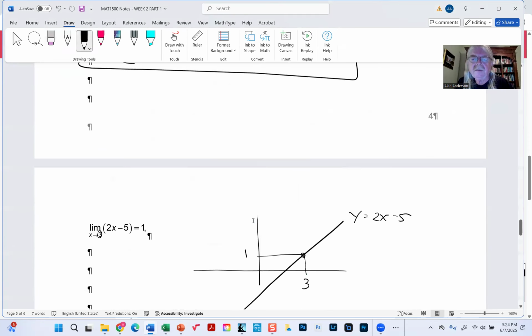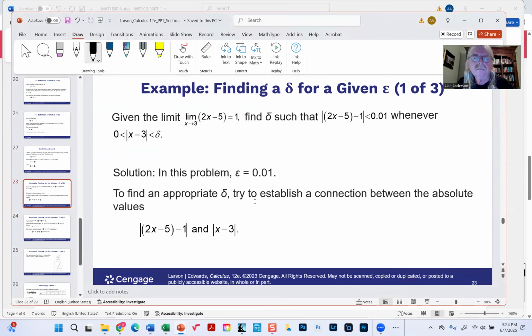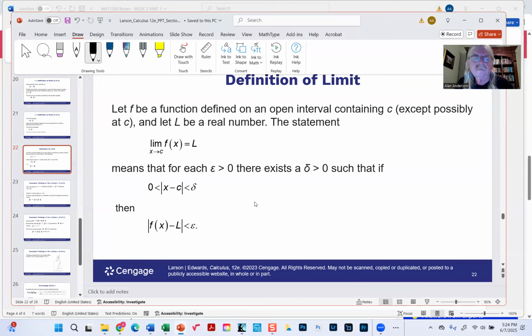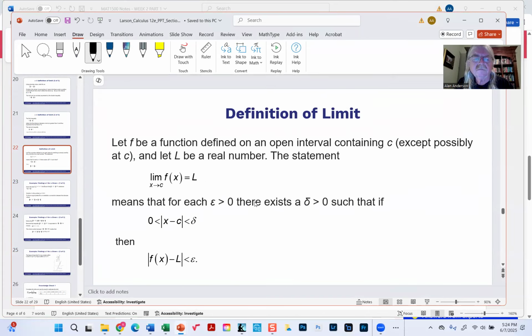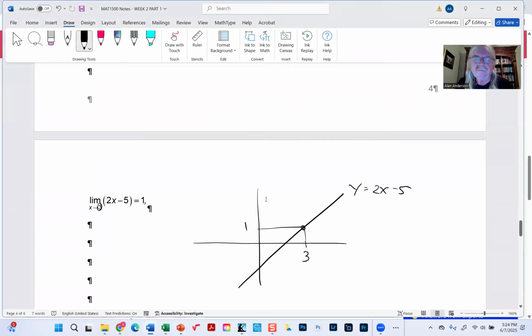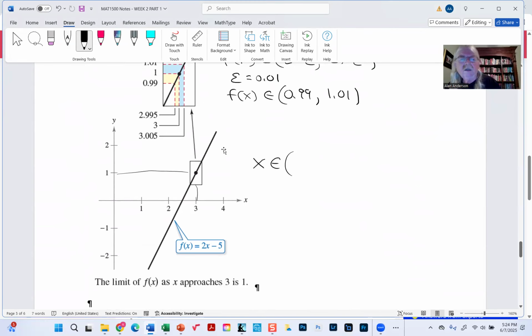The absolute value of x minus c has to be less than delta.